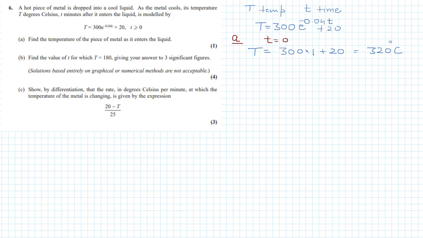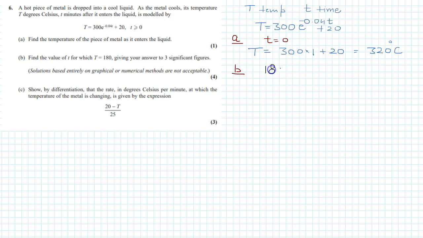Part B. Find the value of T for which the temperature is equal to 180 degrees. We have to find after how many minutes the temperature becomes 180 degrees of the given metal.